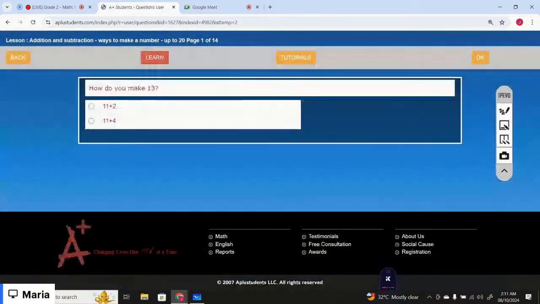Okay, let's just look. How do you make 13? You are given two options, 11 plus 2 or 11 plus 4. So which option makes 13?